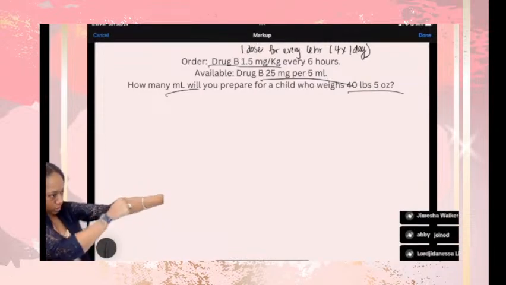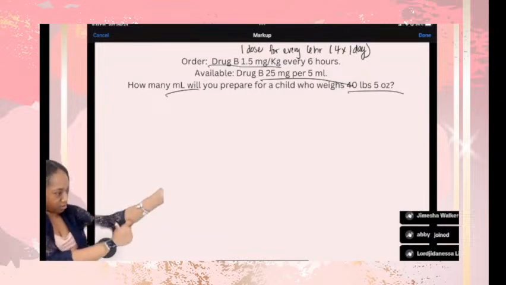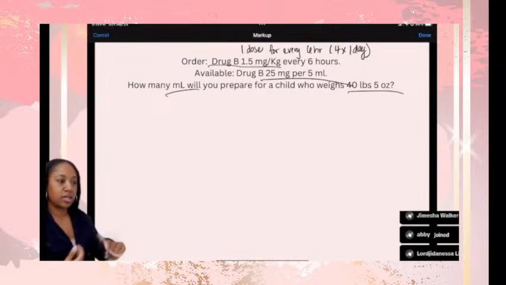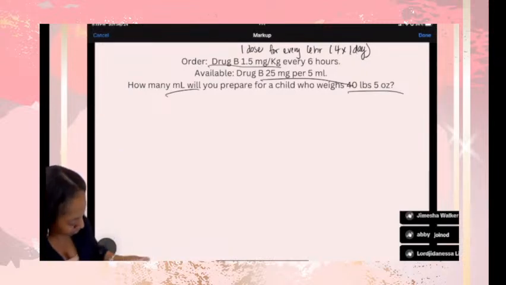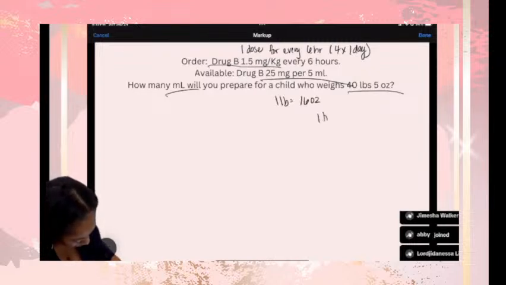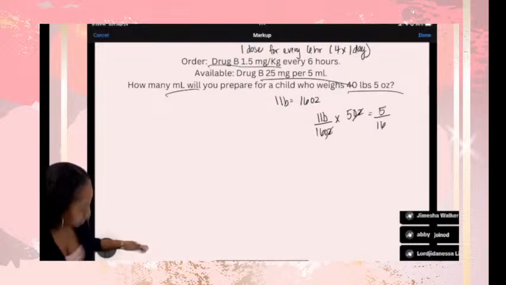We need to convert our weight, and then we can set it up and we'll do it both ways, okay? So 40 pounds and 5 ounces. So remember we said 1 pound is equal to 16 ounces, right? So we'll do 1 pound over 16 ounces times 5 ounces. So those cross out, so it'll be 5 over 16.